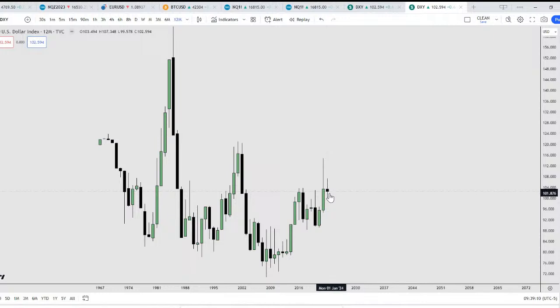we're heading towards the end of the year, and if this candle closes like this within this range here, the previous year's range, it's going to be an inside candle.